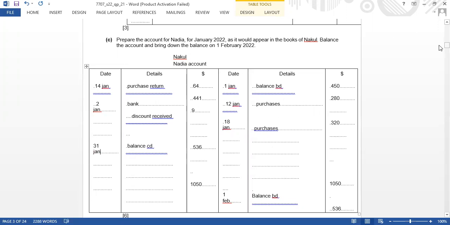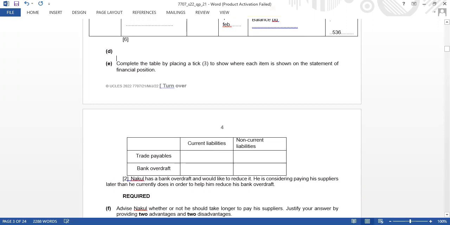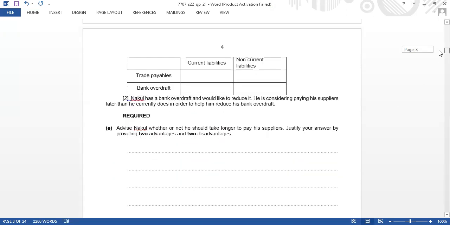Okay, moving towards part D. Complete the table by placing a tick to show where each item is shown in the statement of financial position. Trade payables are short-term liabilities that are to be paid within a year.